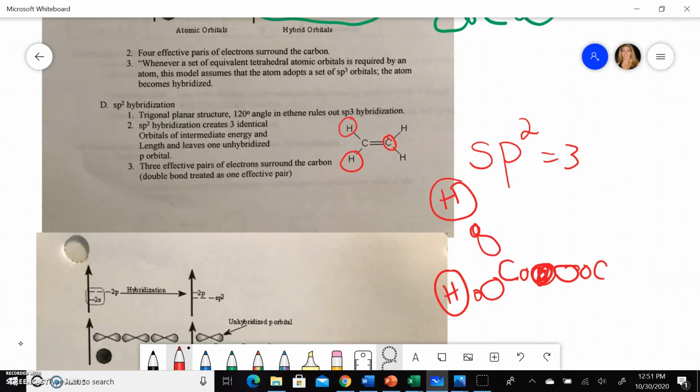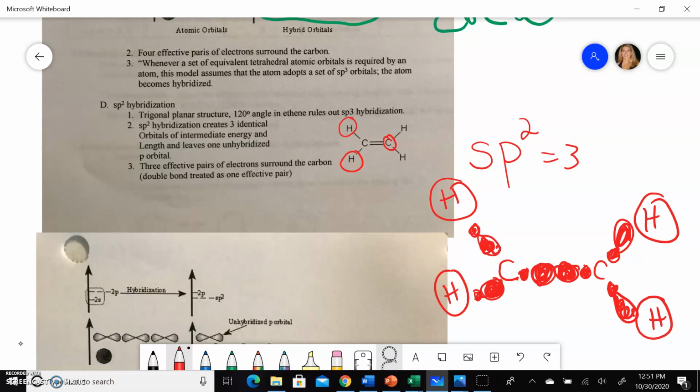Let me color them in so you can see them better. So the H is just a normal sphere, and then each carbon, notice that it has 3 of the sp2s.